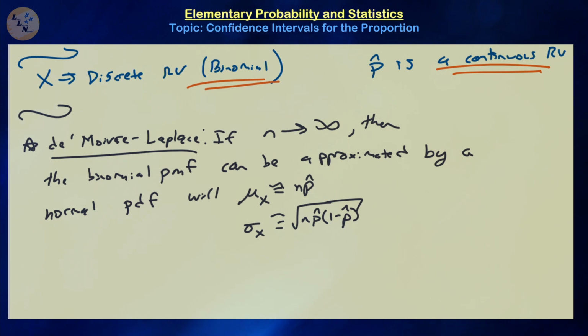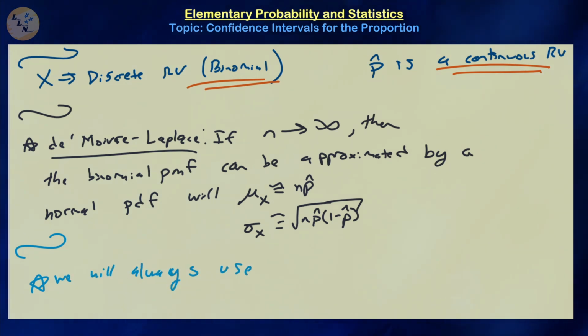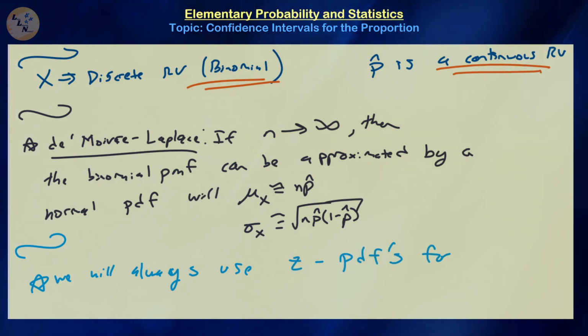So that means we can also find z-scores for modeling our levels of confidence. So every time you're going to be using confidence intervals and hypothesis tests for proportions, we will always use z probability density functions for testing.